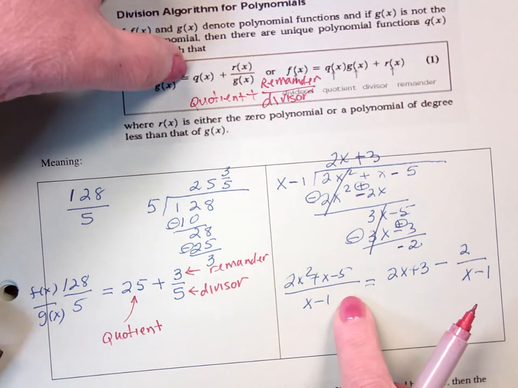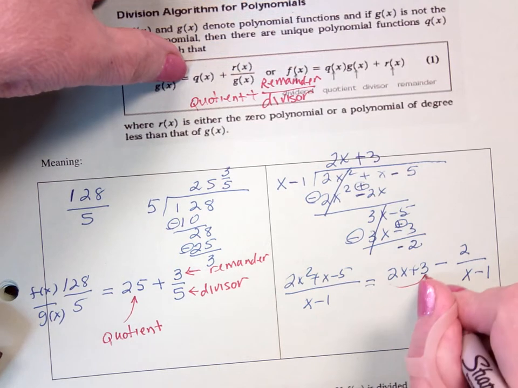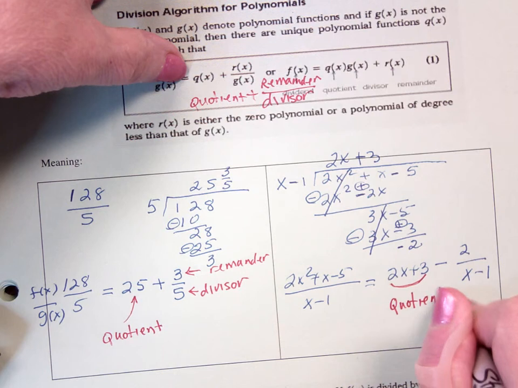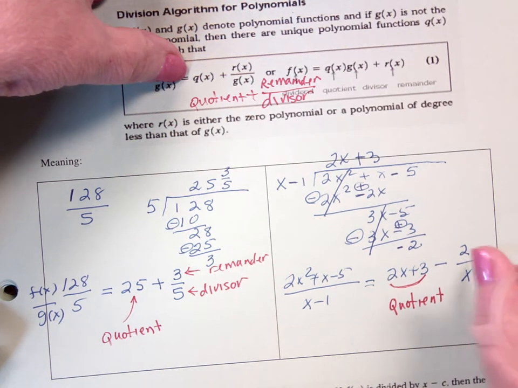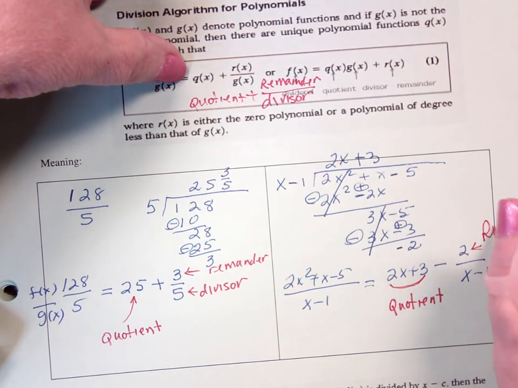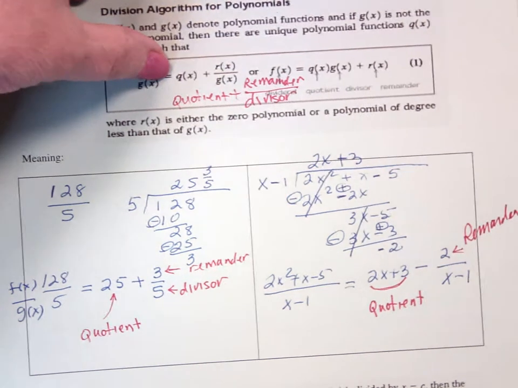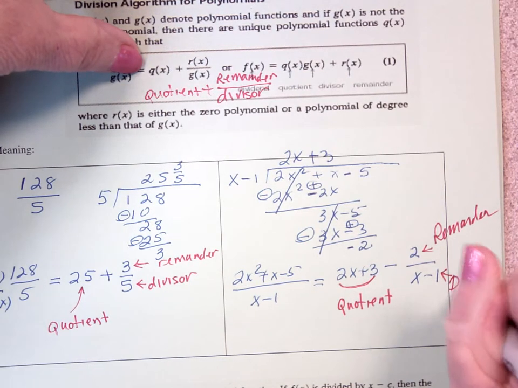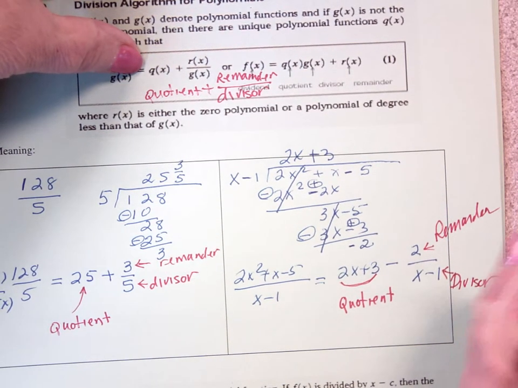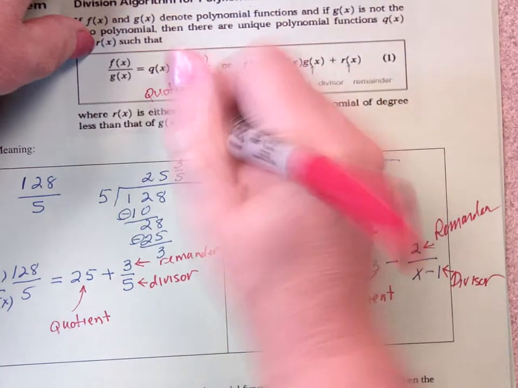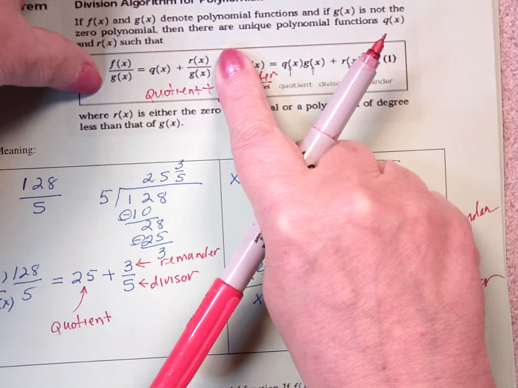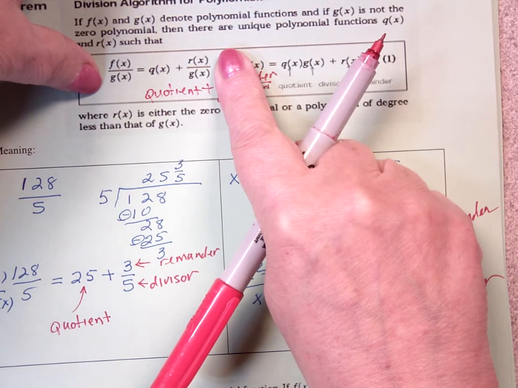It's equal to the quotient plus the remainder divided by the divisor. That's this formula right here. You know what it is. You've used it frequently. You just haven't had it in general form.